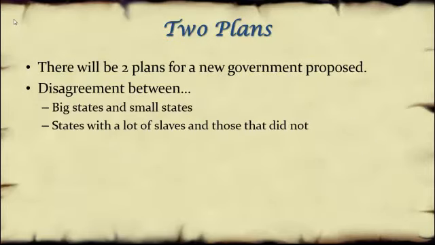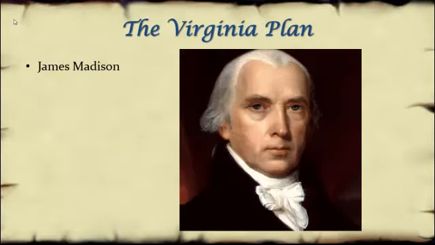And at this convention, two plans get put forward about what this new government should look like. The main disagreements are going to be between big states and small states, as well as states with a lot of slaves and those that don't really have slavery. The first of these plans was known as the Virginia Plan, and the architect of this was James Madison.